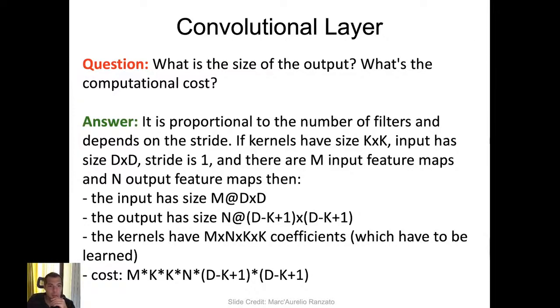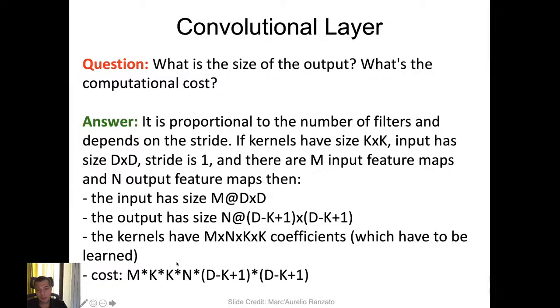Okay, so what's the computational cost? We have these filters that we apply on every location on the image. So we multiply the kernels that we apply in every location. So for every output in the output volume, we obtain an output.